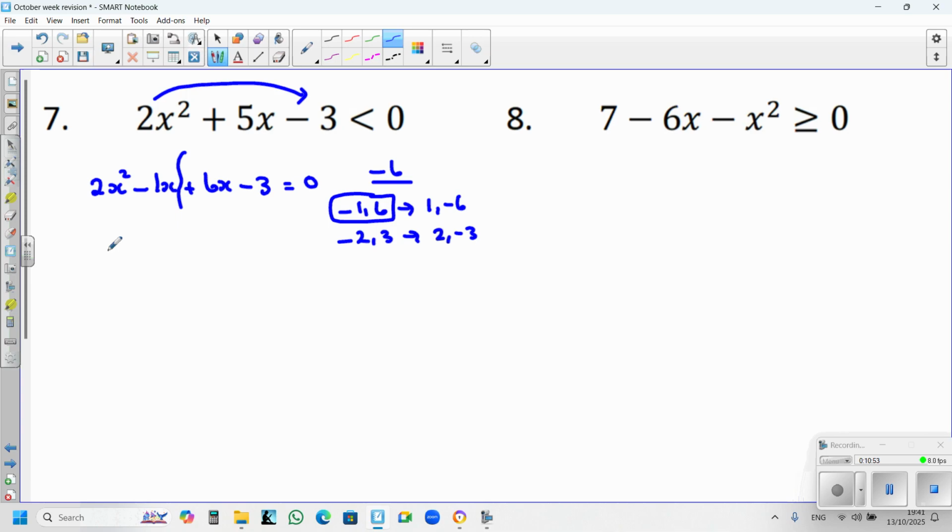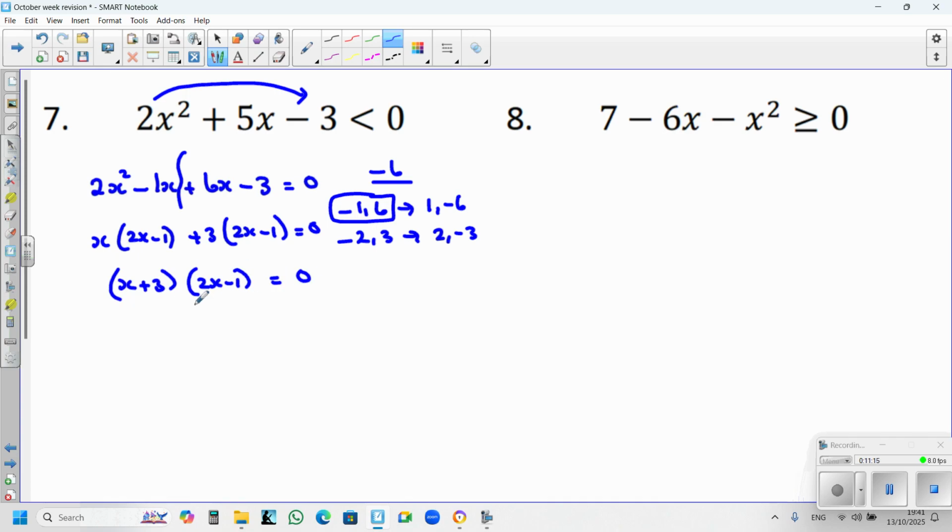Break it down the middle, highest common factor there is x, so it's x bracket 2x minus 1, and here we've got a highest common factor of plus 3, which would give me 2x minus 1. Pair of brackets together, so x plus 3, doesn't matter the order, and 2x minus 1 equals 0.